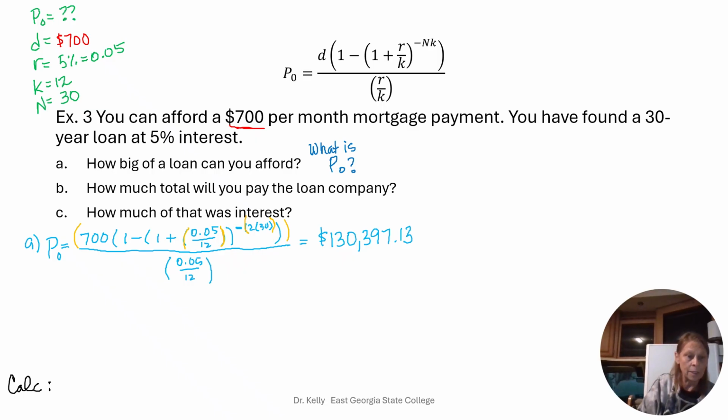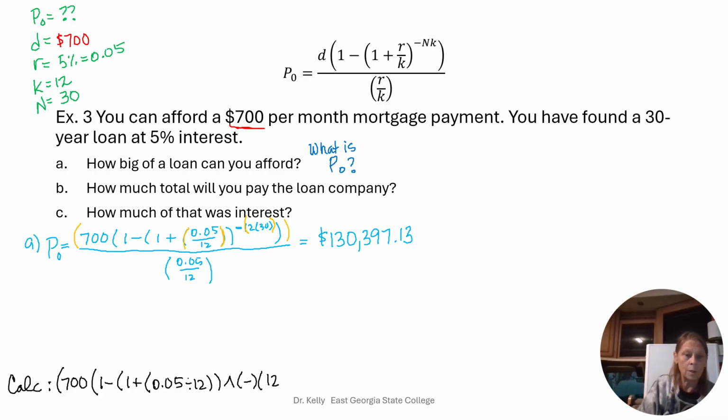Alright, here we go. Open 700. Open 1 minus. Open 1 plus. Open 0.05 divided by 12. Close, close to the power of negative.